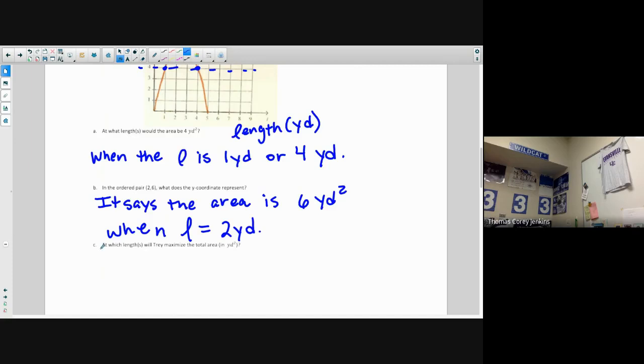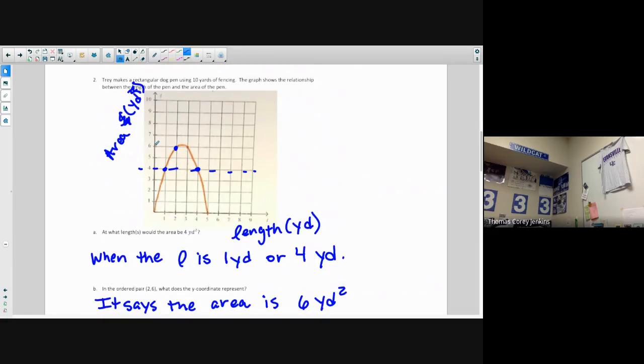At which length or lengths will Trey maximize the total area in square yards? In other words, what's the highest point on the graph? So (2, 6) is close, (3, 6) is close, but we can do a little bit better. Right here looks like the tip top of the graph. We call that the vertex of a parabola. So it looks like it'd be probably 2.5.